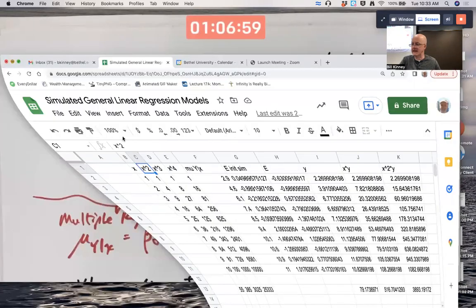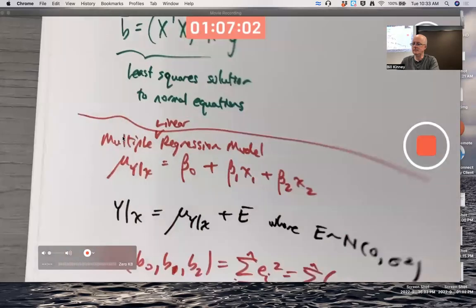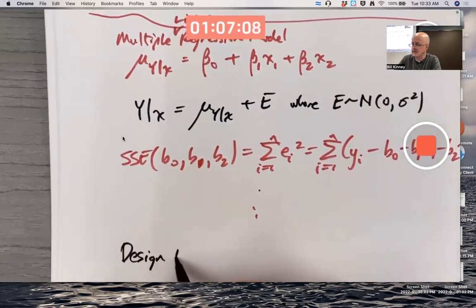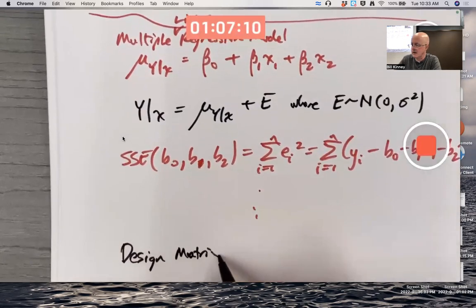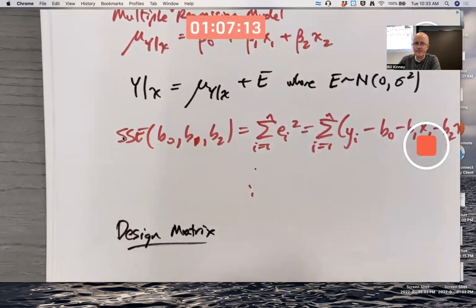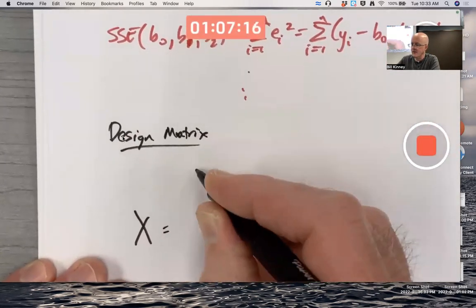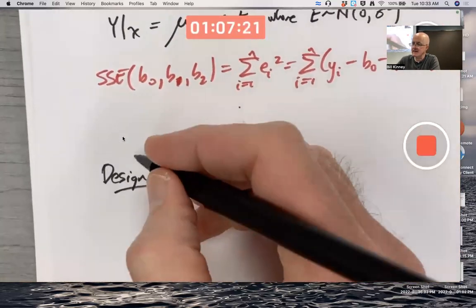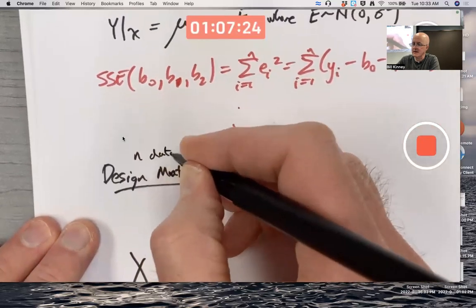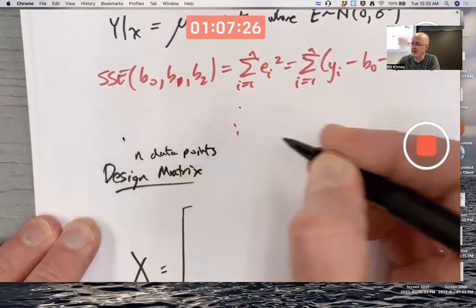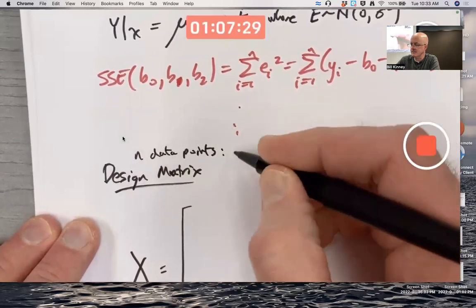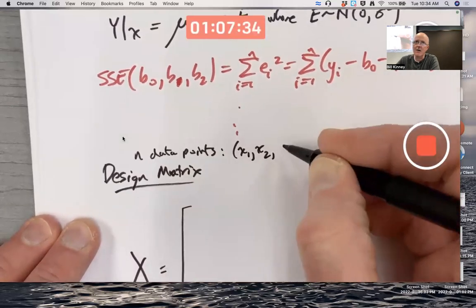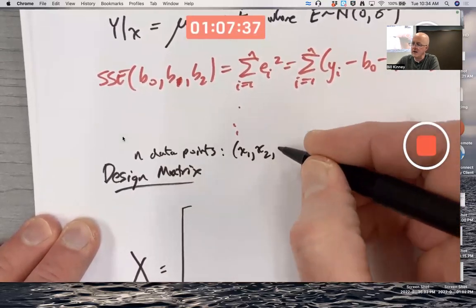What is the design matrix in this case? The design matrix in this situation with n data points. The data points, by the way, are 3-dimensional: x1, x2, y1.